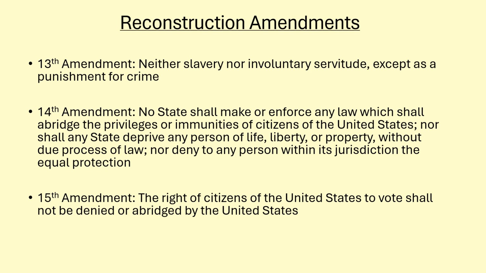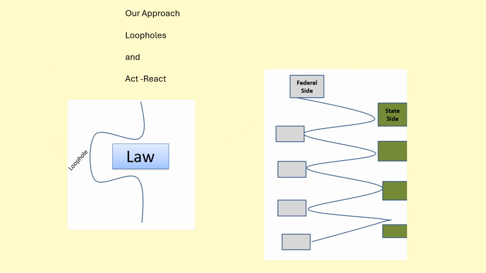Now we're going to transition back to those Reconstruction amendments, and this is going to set us up for segregation, the Plessy-Ferguson case, and the eventual end of Reconstruction. We want to remember that we've been looking at loopholes or a way around the law. So even if you have a 13th, 14th, or 15th Amendment, the goal by the states' rights theorists is always going to be to try to find a loophole.